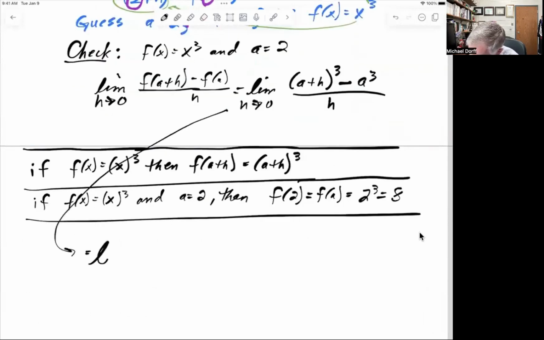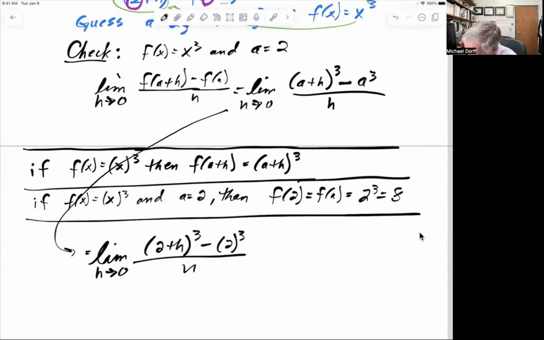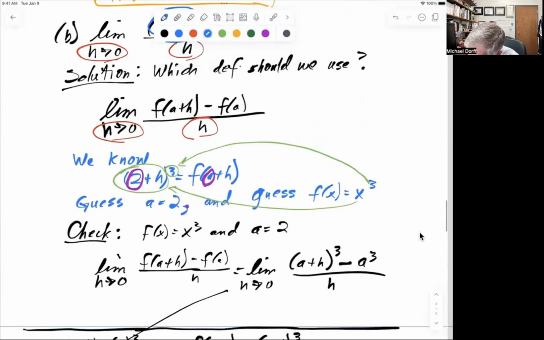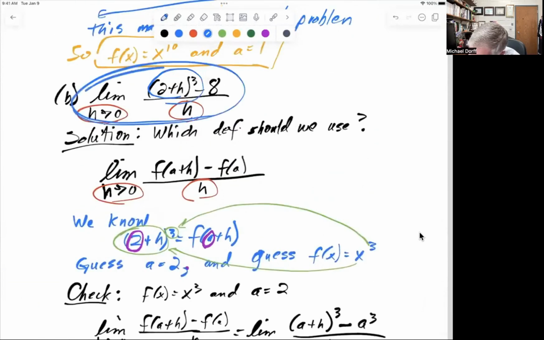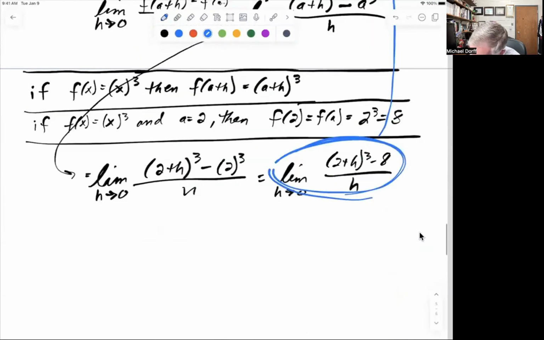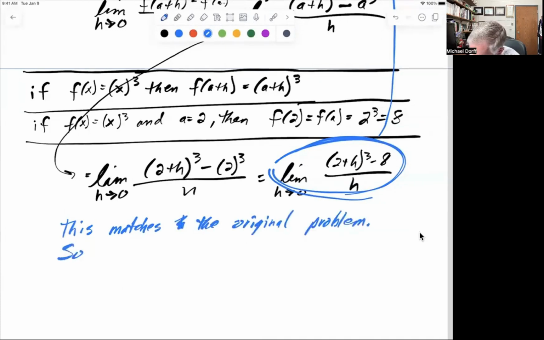And so then substituting in a here, I'm going to get the limit as h goes to 0 of (2 plus h) cubed minus 2 cubed over h, which is the limit as h goes to 0 of (2 plus h) cubed minus 8 over h. And if I look at this one, then remember my original problem was this, and now I've got this, and these two are the same. This matches the original problem. So I have f of x is x cubed and a equals 2.